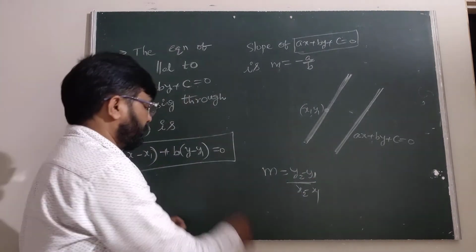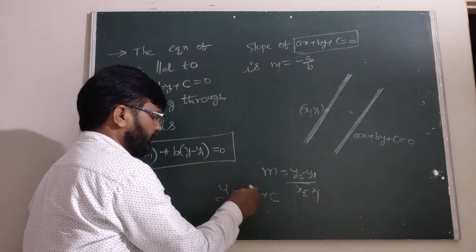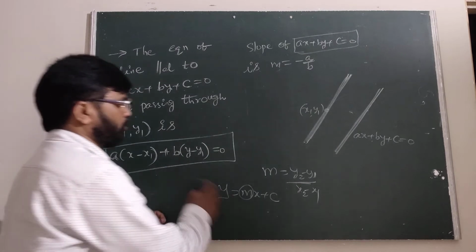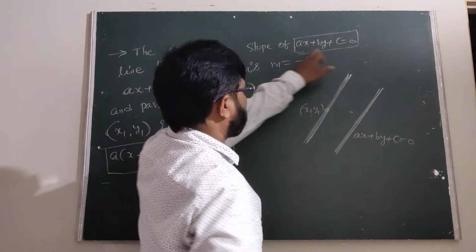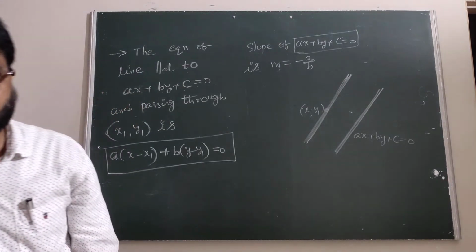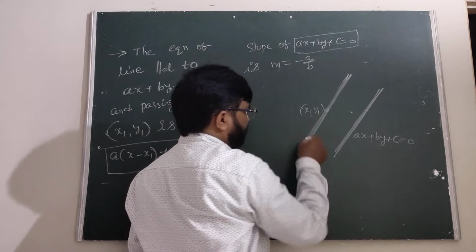Okay, just now we discussed the line in the form mx plus c. Here the slope is m. Therefore, the slope of ax plus by plus c equal to 0 is m equal to minus a by b. When two lines are parallel, the slopes are equal.